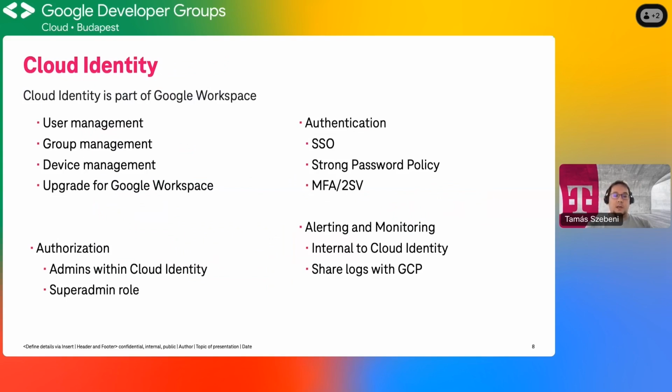We can maintain their managed devices, and Cloud Identity can be upgraded to a Google Workspace license, which means that the corporate can consume Google Workspace services. For example, branded Google Mail application with their own custom domain address.